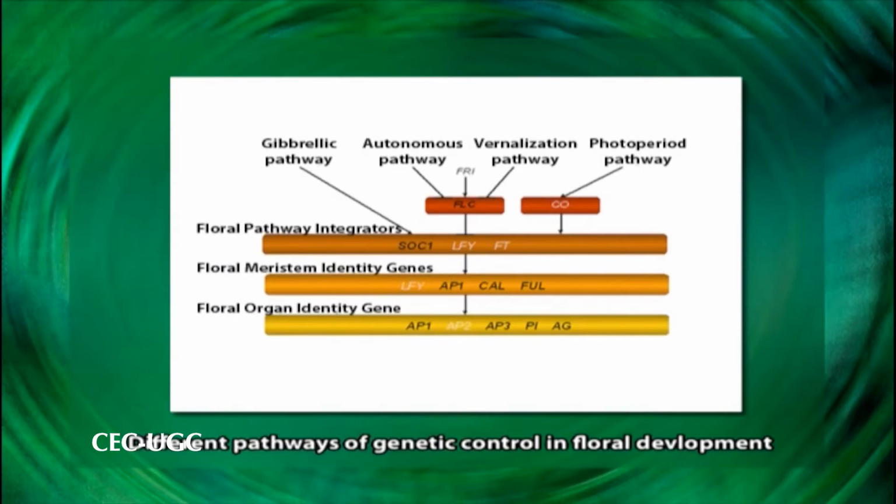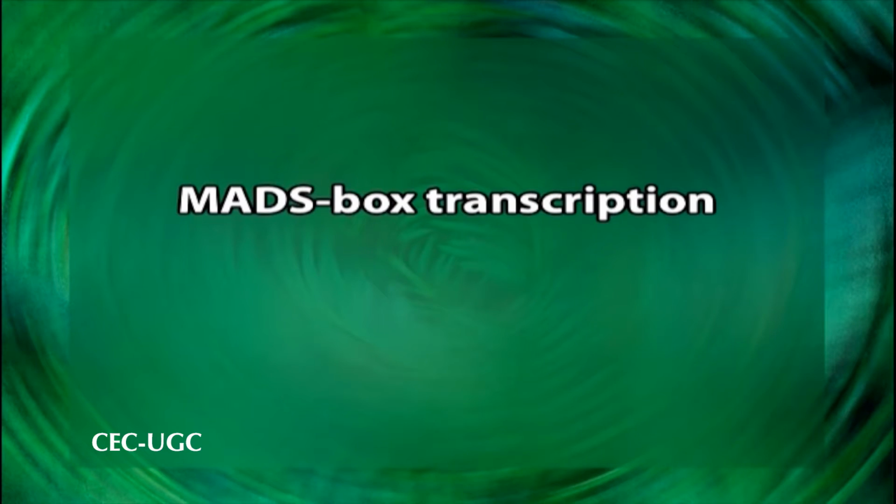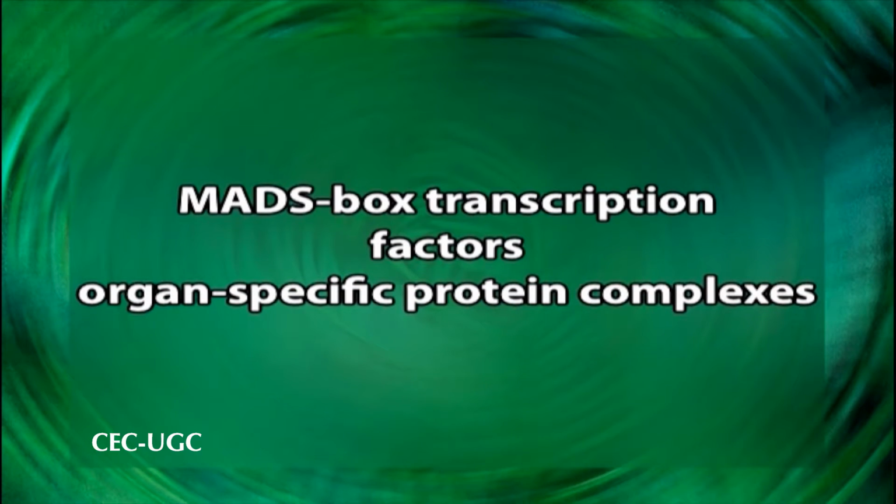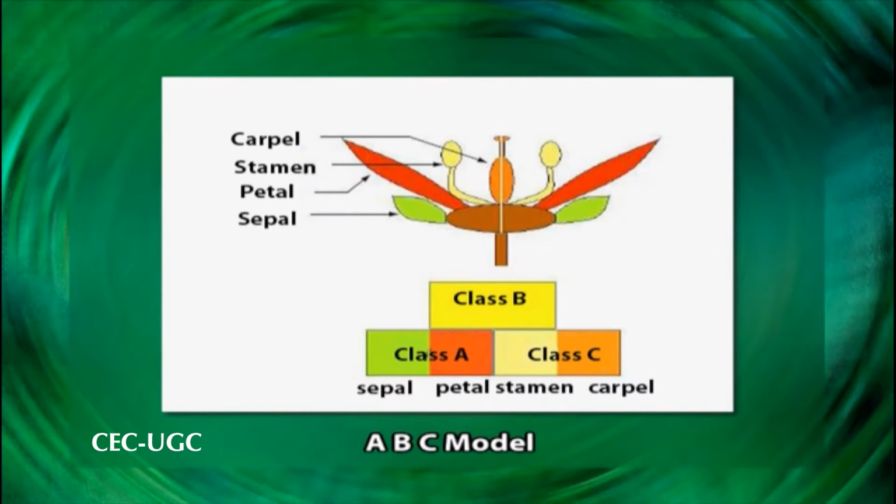The specification of floral organs is a result of combinatorially expressed MADS-box transcription factors that form organ-specific protein complexes. According to the ABC model of gene interaction, each of the 4 types of floral organs is specified by a unique combination of these genes. However, the transcriptional network controlling flower development is still largely unknown.